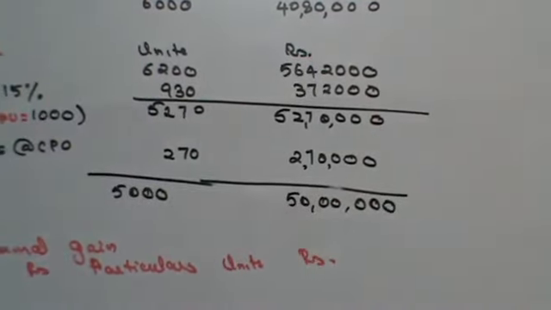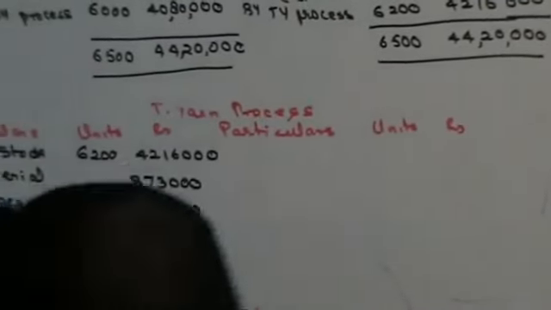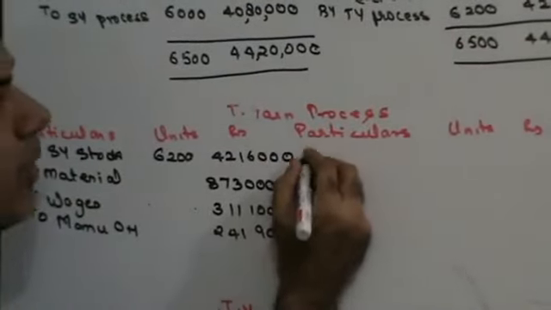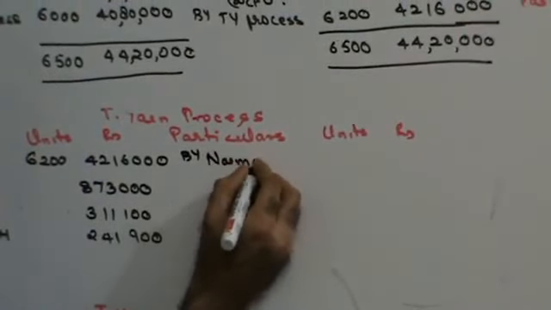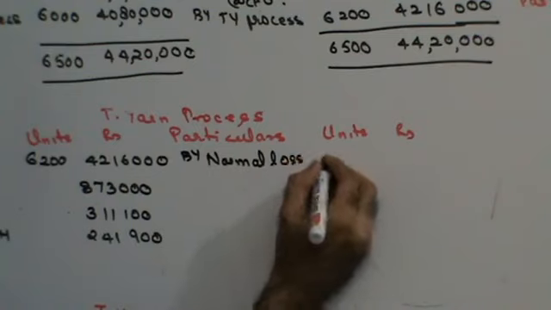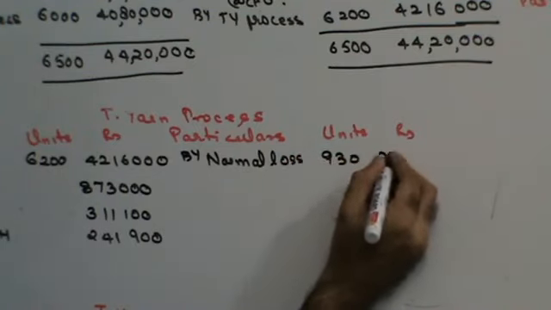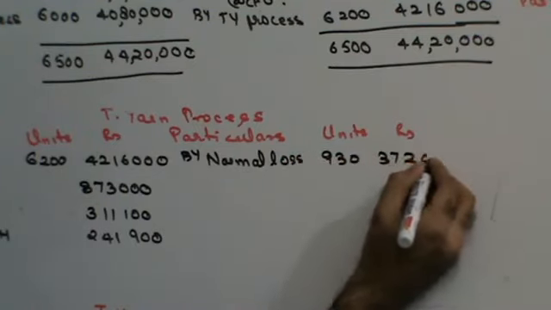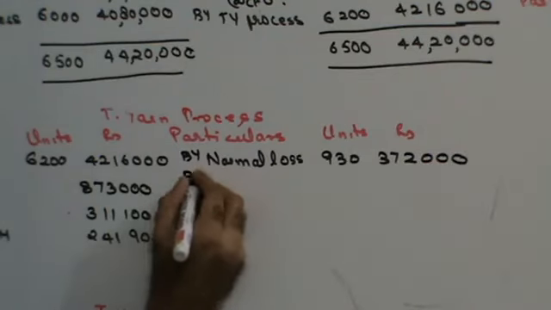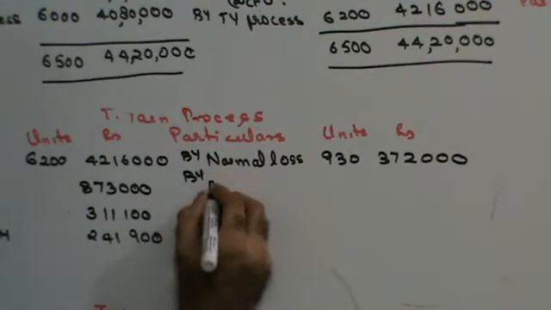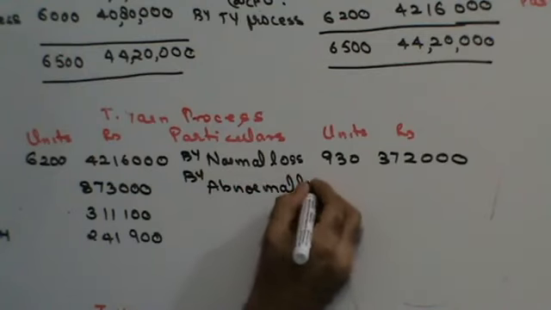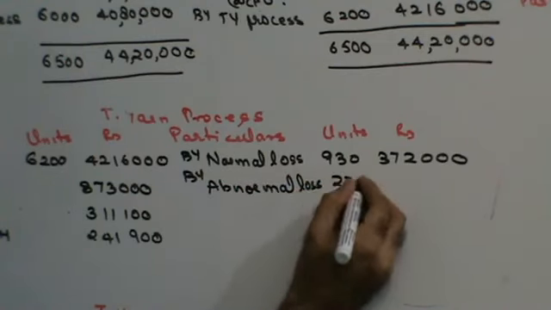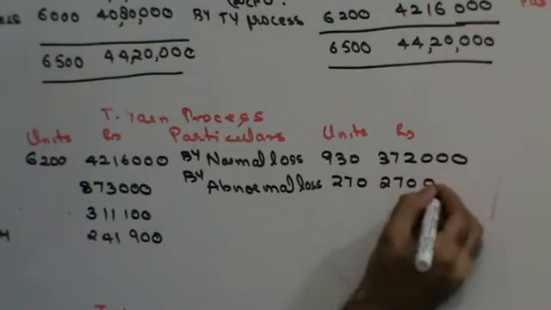Now let's transfer these entries. By normal loss, 930 and 33,72,000. Then by abnormal loss, 270 and 2,70,000.